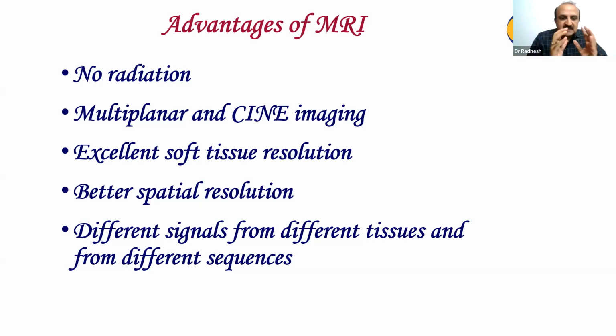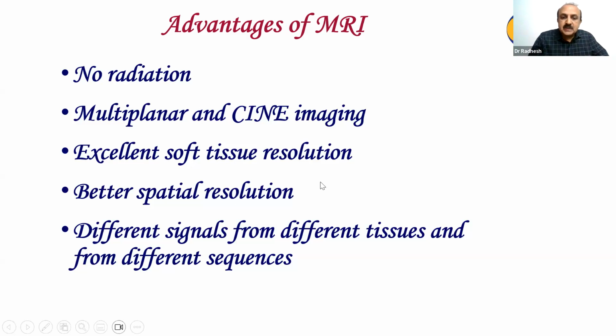But each of these structures will have a different amount of hydrogen protons within, say, one pixel. Now, one pixel of pancreas may have 100 hydrogen protons, I'm just giving you an example, liver may have 80, spleen may have 120. So MR detects the number of hydrogen protons, and that is what determines the signal, which is so different for each of the tissues.